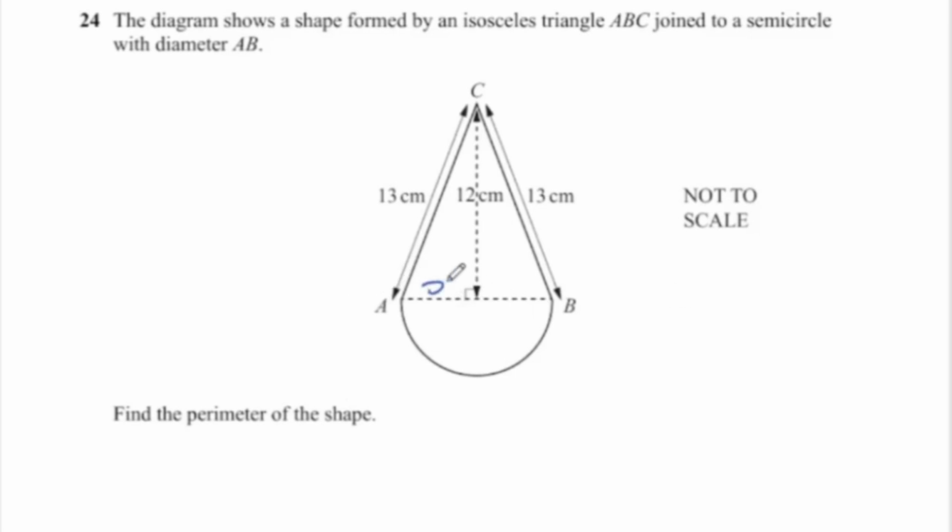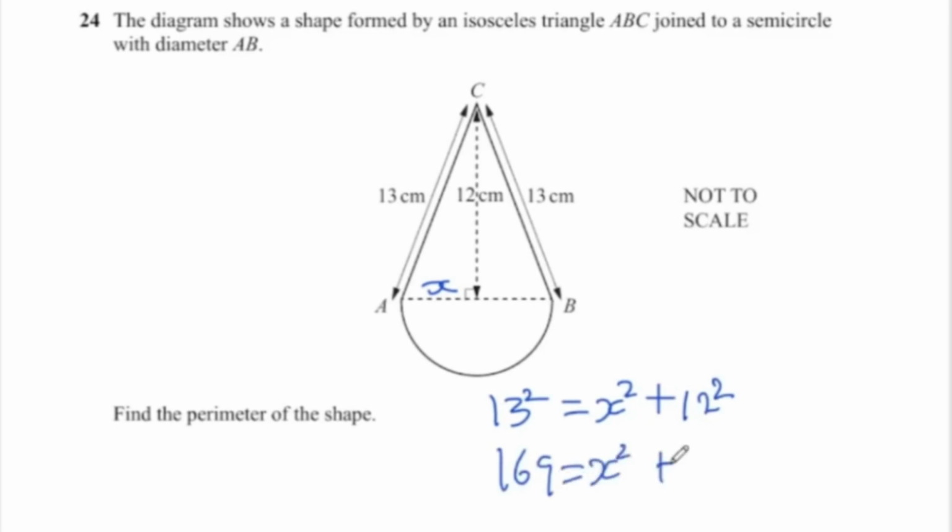So let's call this x. Using Pythagoras theorem, because this is a right angle triangle, we simply say 13 squared is equal to x squared plus 12 squared. So 13 squared is 169, equal to x squared plus 144.